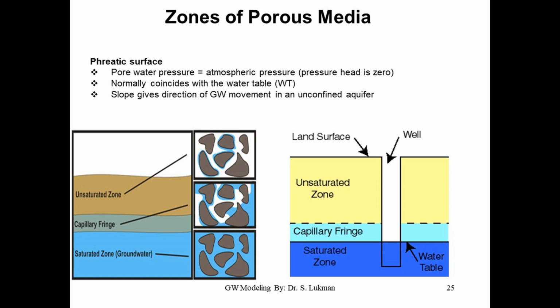What is this line representing? The water table, the top of the phreatic surface. So if it is like this, then the direction of the groundwater is also towards that. So now we have two arrows. Where is the direction of the groundwater?